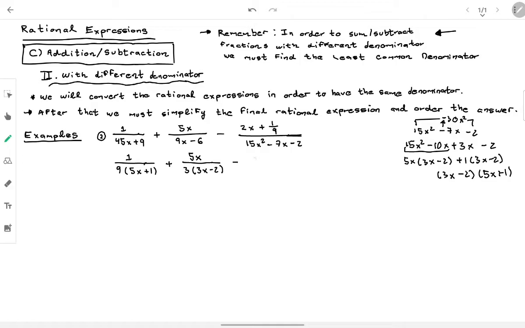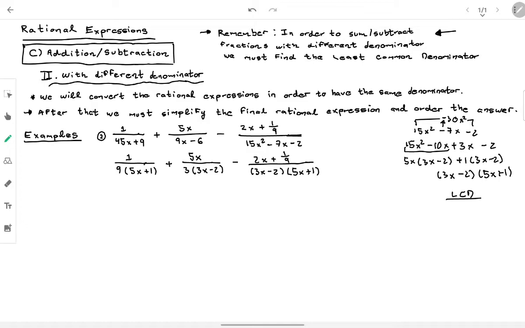That means this one is going to be 2x plus 1 over 9. All of it divided by 3x minus 2 that multiplies 5x plus 1. So here, to obtain the least common denominator, remember it's going to be between the numbers I got, 9 and 3.